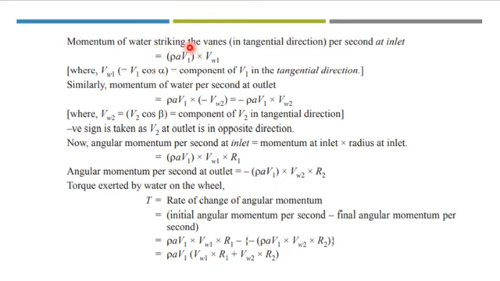But since we are dealing with a series of vanes in this case, the mass of water per second is equal to rho a v1, where v1 is the velocity of the jet and a is its cross sectional area. Now, the momentum of water striking the vanes per second at inlet can be calculated by multiplying this mass with the velocity. So, it will be equal to rho a v1 into VW1.